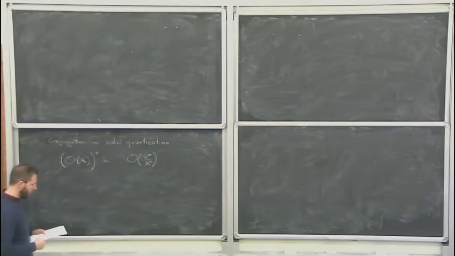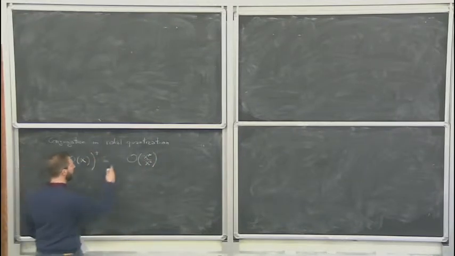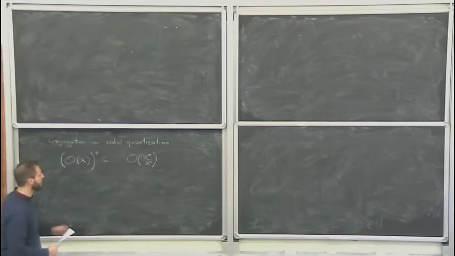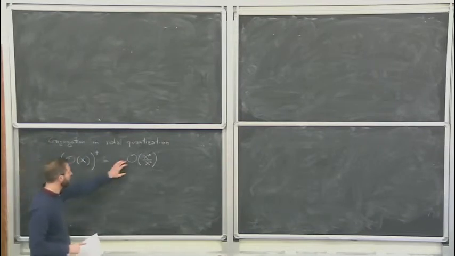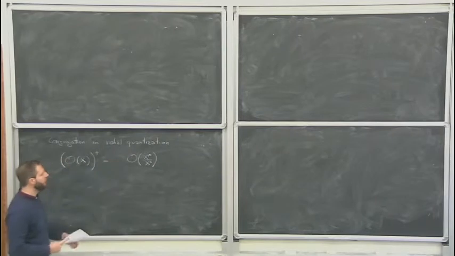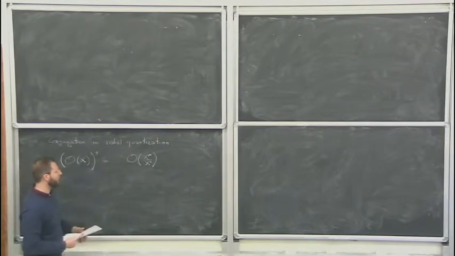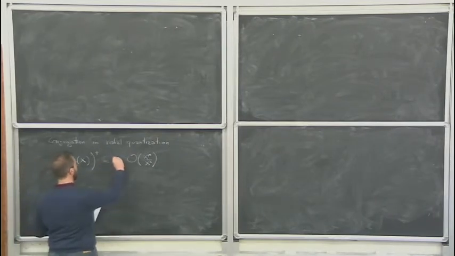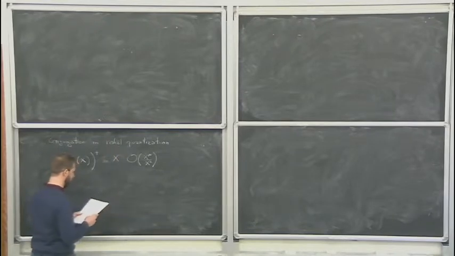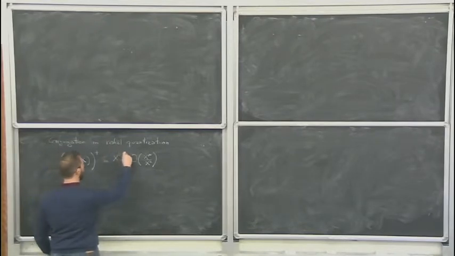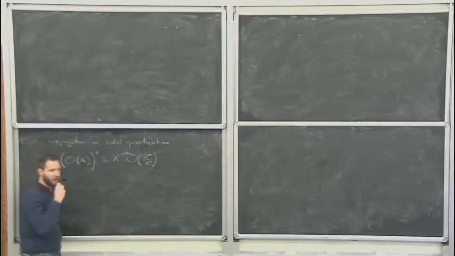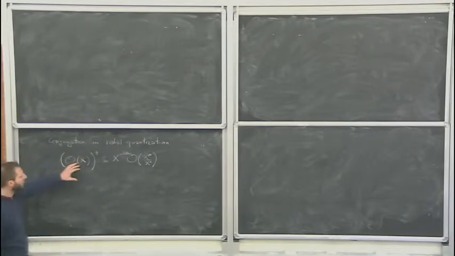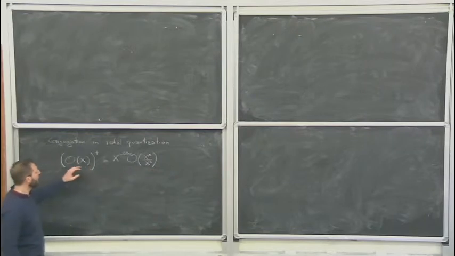And in addition to this, there is also a prefactor, which comes from the conformal transformation that you have made. So this prefactor is x to the minus 2 delta_O. Okay. So this is how operators transform under conjugation in radial quantization.